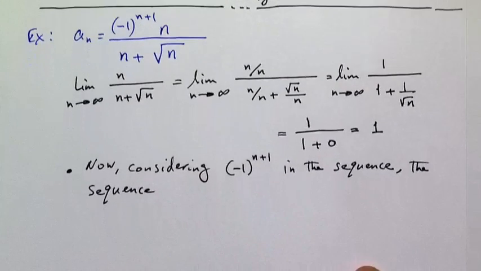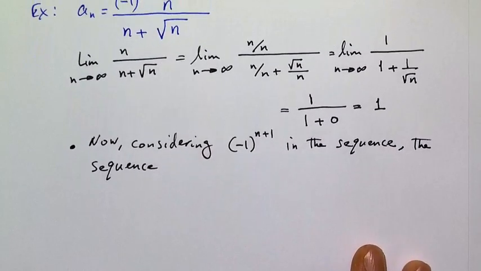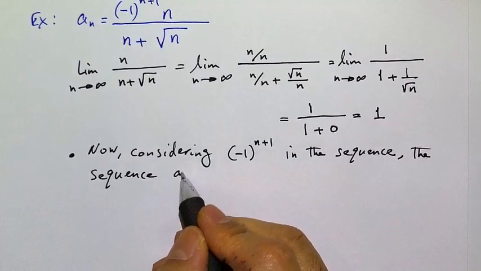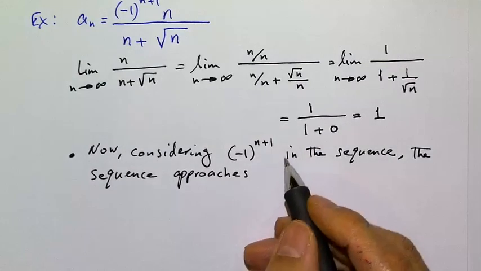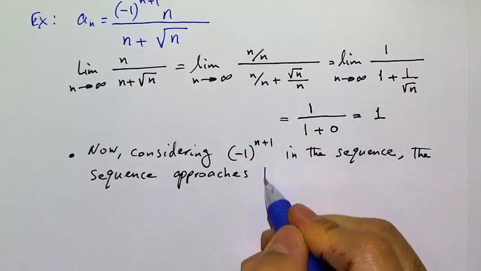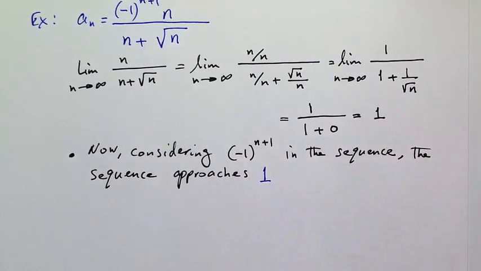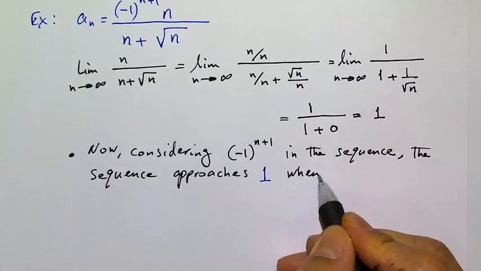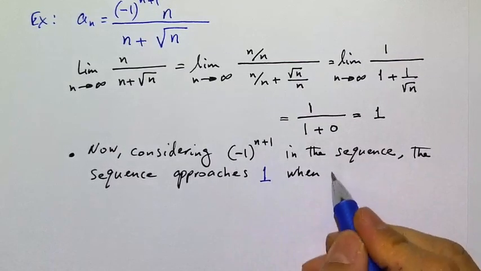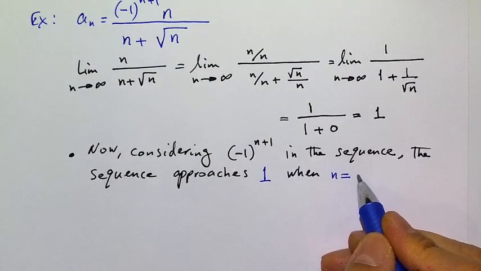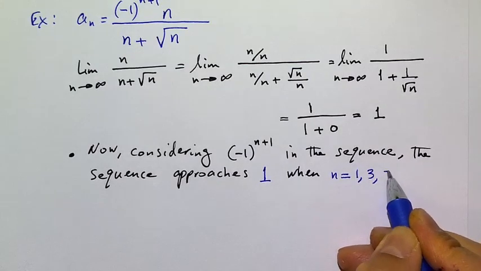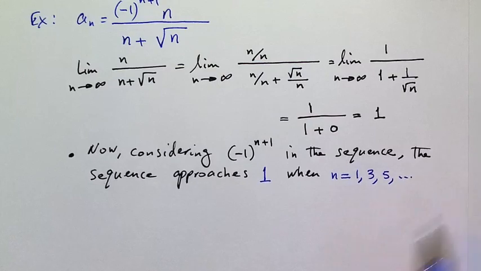the sequence approaches 1, or positive 1, when n equals 1, 3, 5, and so on, right?